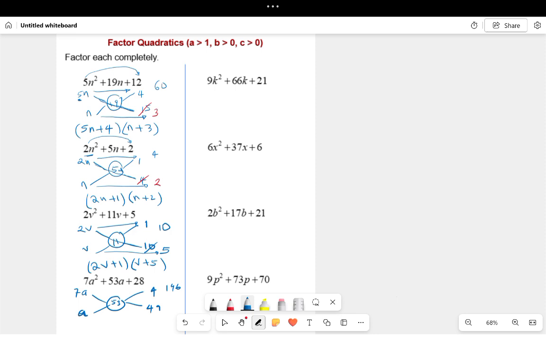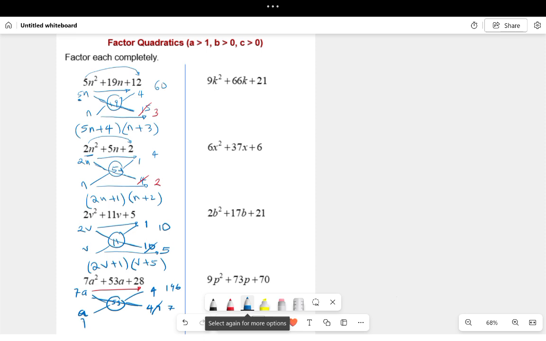Now, I have not placed 49 here by accident. It should lie within the diagonal because 49 can be divided by 7. 49 divided by 7 is supposed to give me a 7. All right, so then my answers are going to be, I still emphasize, diagonal. So 7a plus 4.